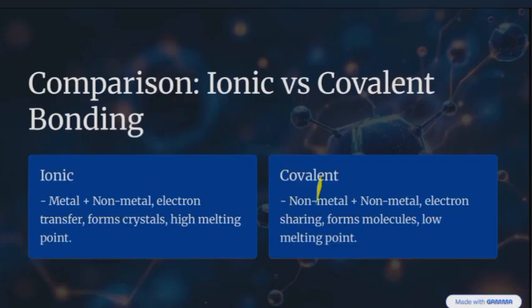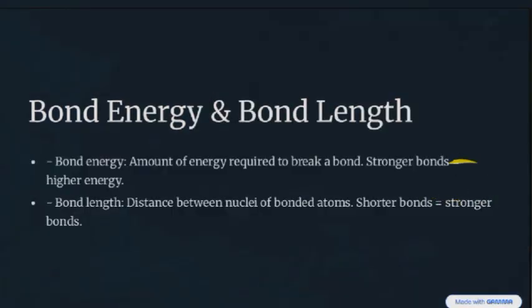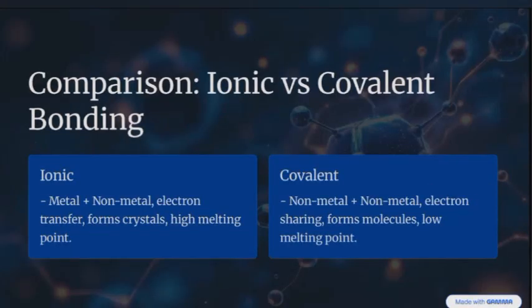Another thing about ionic bonds is that they involve electron transfer, while covalent bonds involve electron sharing. So for covalent, it's electron sharing, while for ionic, it is electron transfer.